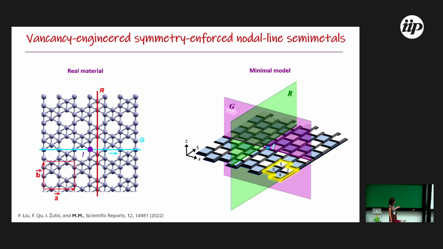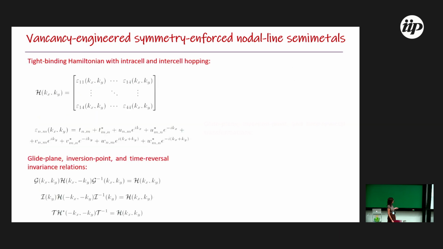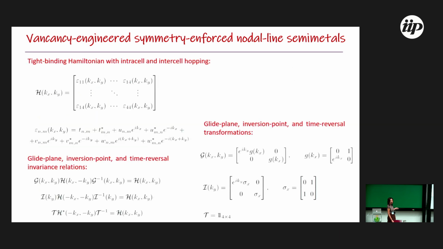Notice that I'm quoting this as a minimal model because that's actually what it is. It's a minimal model, but in your actual material, your unit cell has much more than just 4 points, and has orbitals and spin, and so on. So your matrices are going to be much larger than that, and more complex.